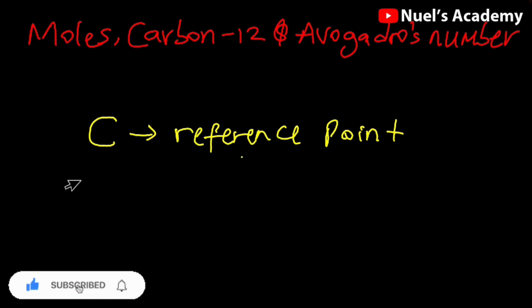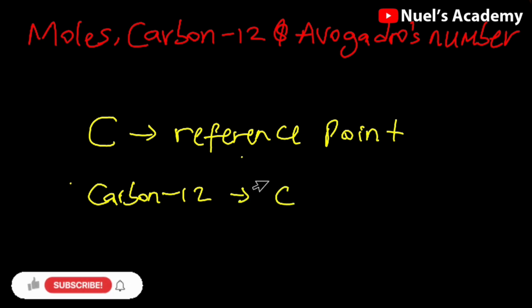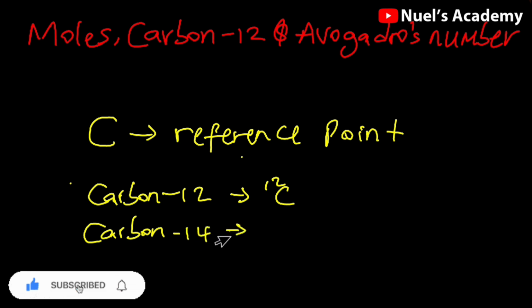Remember that there are different isotopes of carbon, such as carbon-12, written like this, and then we have carbon-14. But carbon-12 is the main reference point in the definition of the mole of a substance.